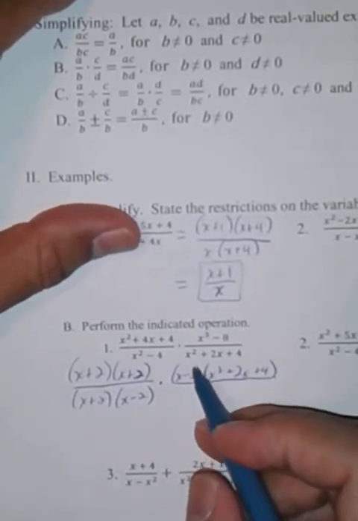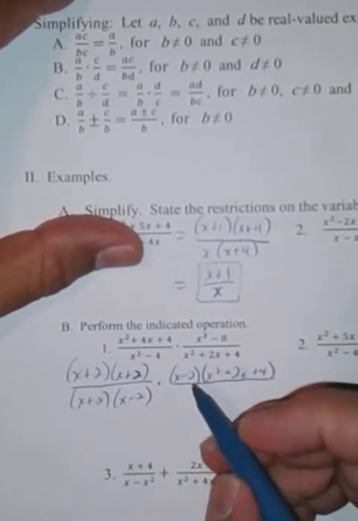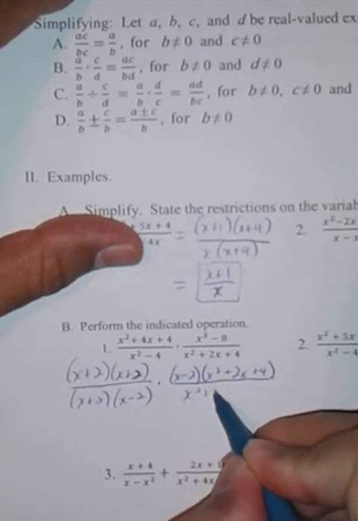Okay, and then the denominator x squared plus 2x plus 4, that one cannot be factored, so it'll stay x squared plus 2x plus 4.